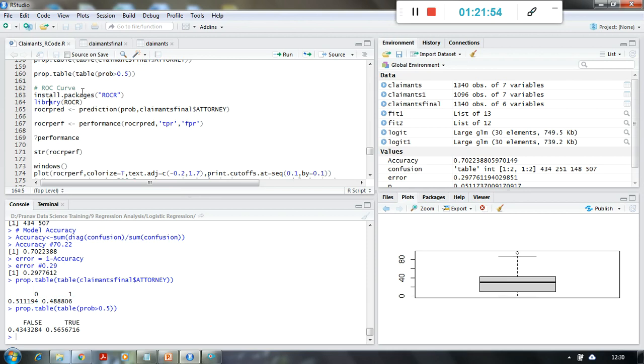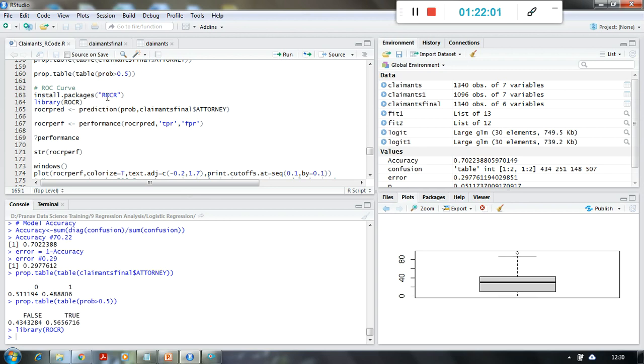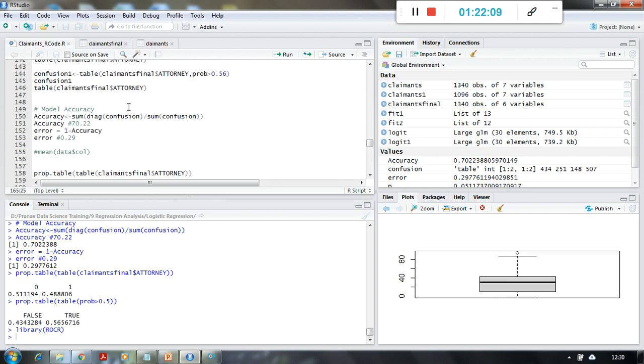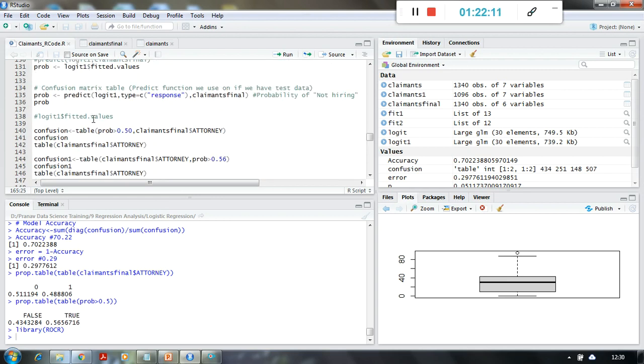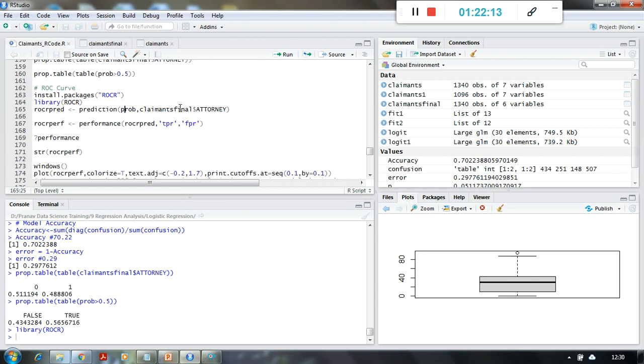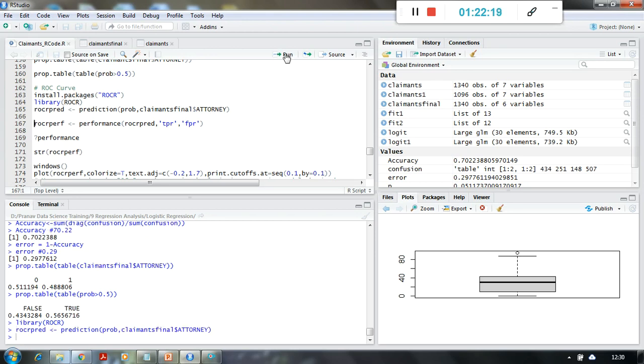Now let us plot the ROC curve. For that there is a package called ROCR. I am calling the library ROCR because the package is already installed in my machine. Then there is a function called prediction. I simply have to pass on the probability values which I have stored in this prob variable, and then give the original output variable from the data set to get the ROCR predictions.